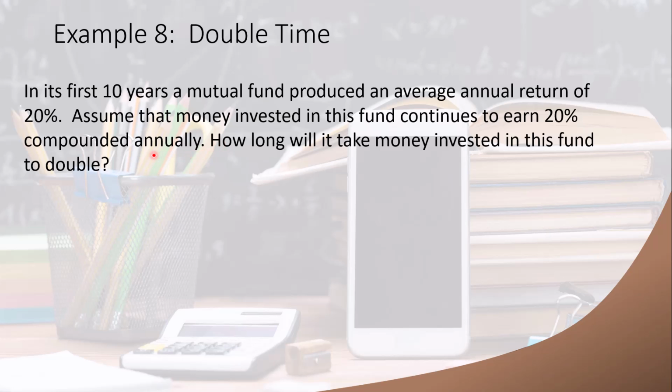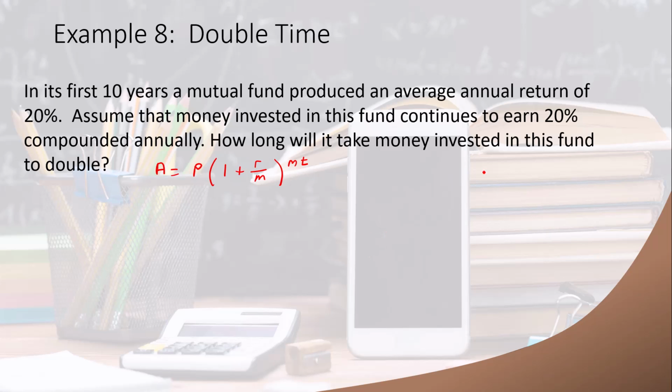So we are once again dealing with compound interest. And if that's the case, our equation is A is equal to P times 1 plus r divided by m, raised to the m times t power, where t is time.